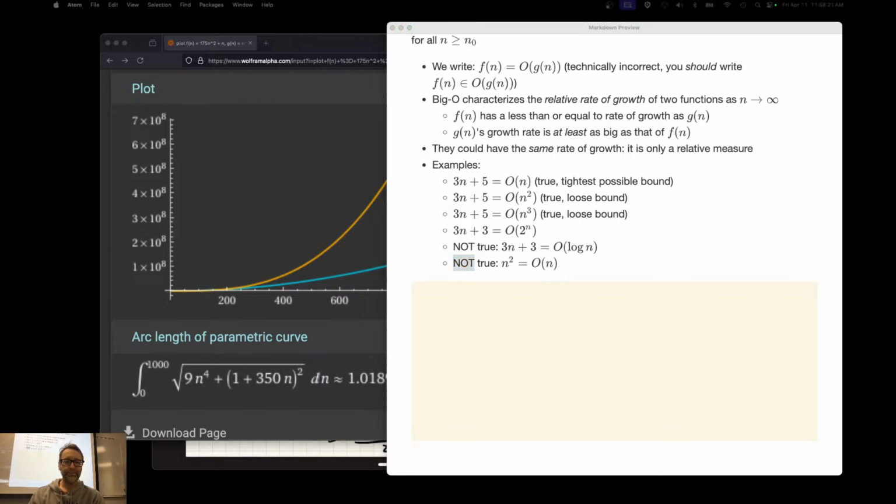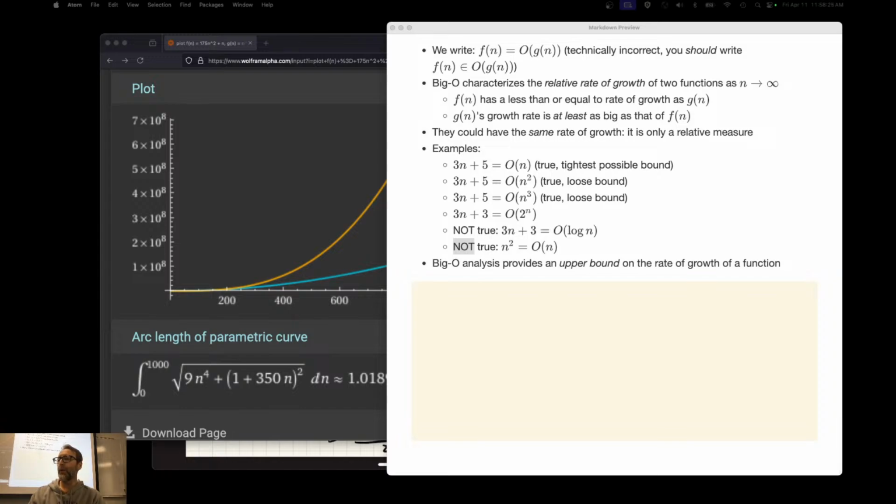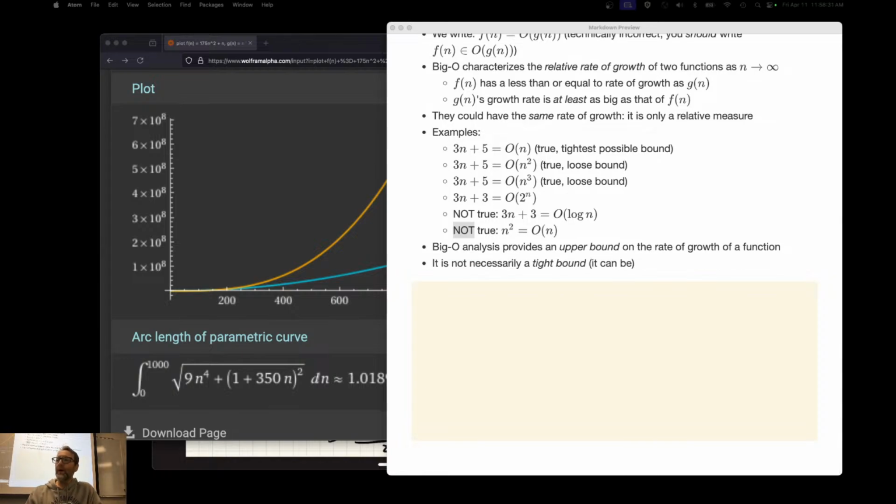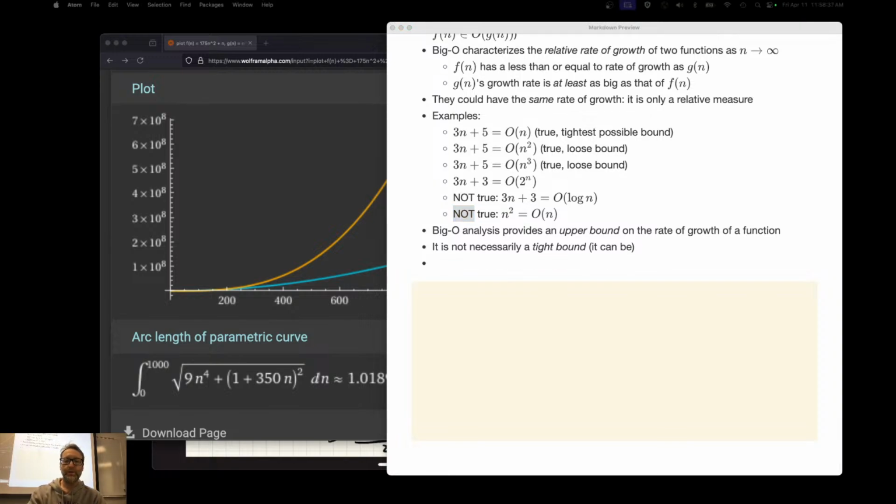Again, big O only provides an asymptotic upper bound on the rate of growth of a function. It's not necessarily a tight bound. If you want a lower bound, or a tight bound, then you would probably do this in 235. Others say big theta. That's a tight bound.